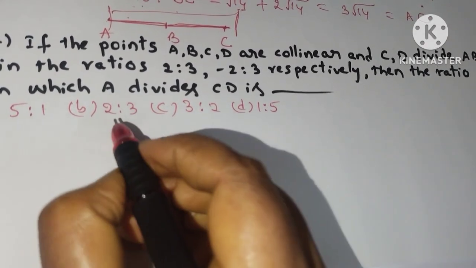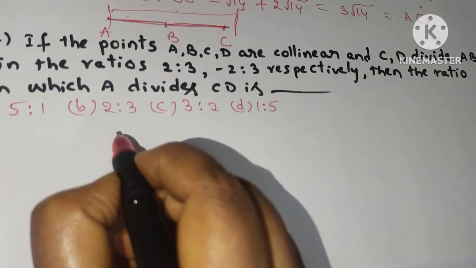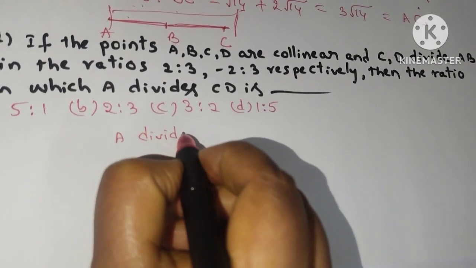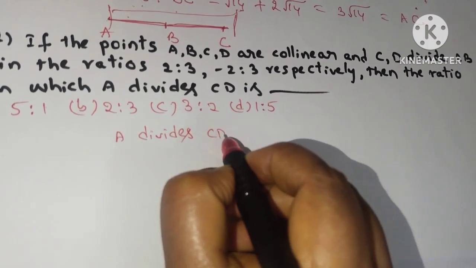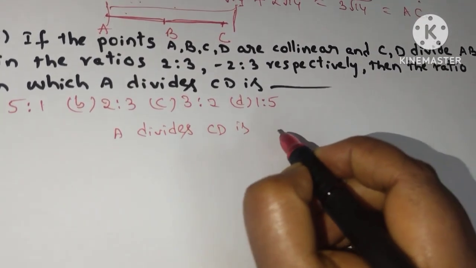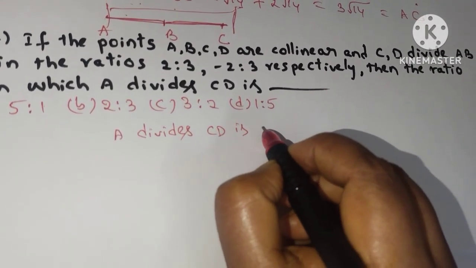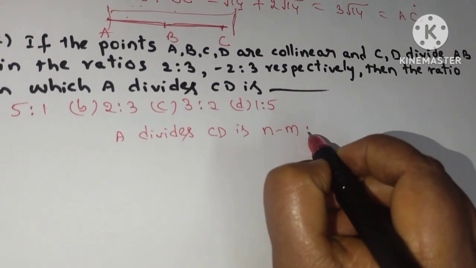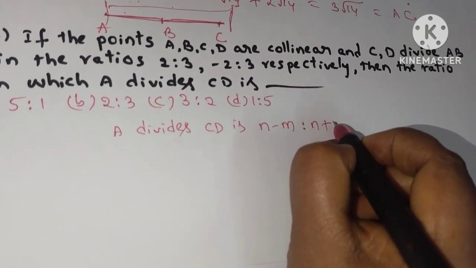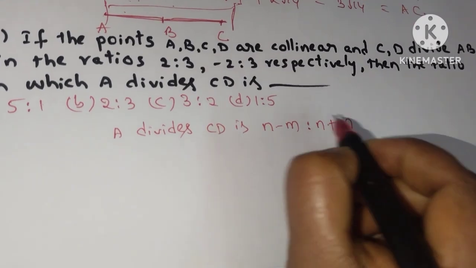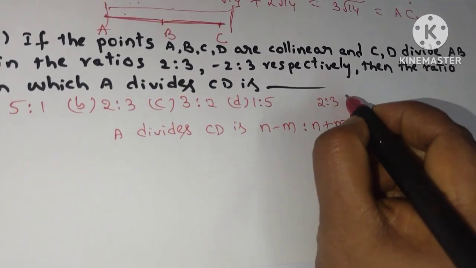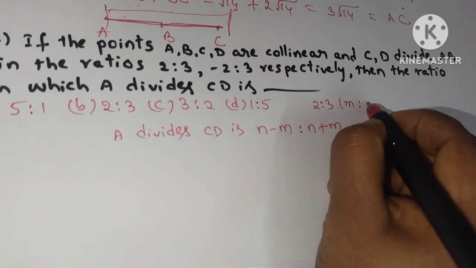So we need to find how A divides CD. At this condition we have one formula, that is n minus m is to n plus m. Now, what is the ratio here? 2 is to 3. You consider that as m is to n.